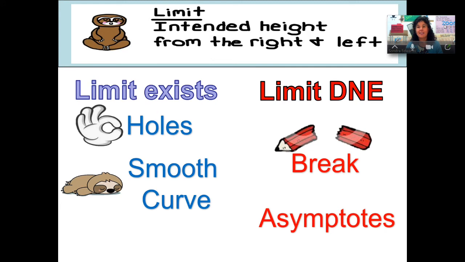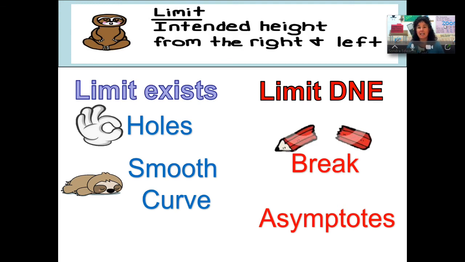Now, this is not a formal definition, and we will do the formal definition next. Because really what this amounts to is, if you go, oh, the limit does not exist at that number because there's a break or because there's an asymptote, well, that's the equivalent of saying because it looks like it. And we have some formal notation that we will get to.